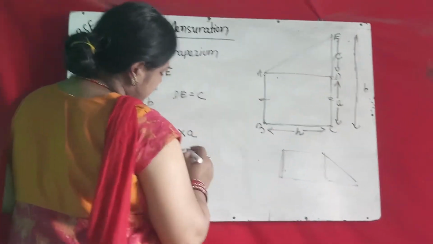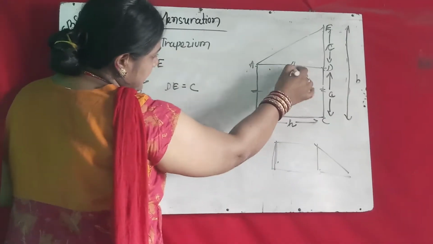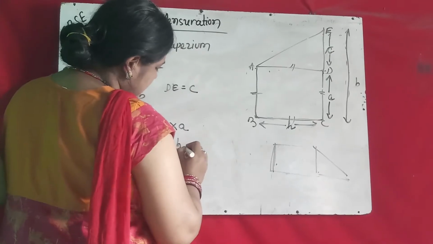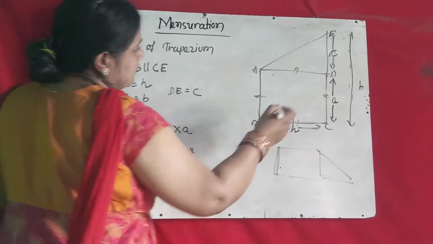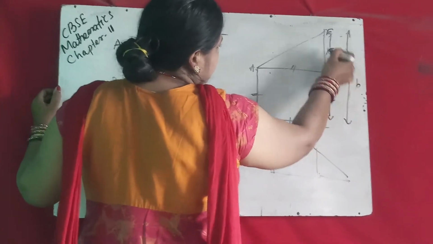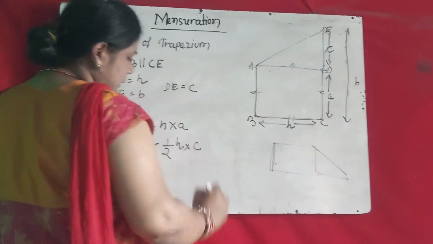The base is AD, which is equal to CD, and the height DE is equal to C.